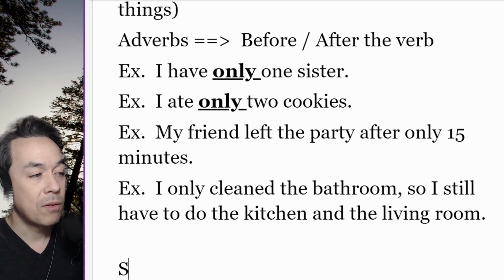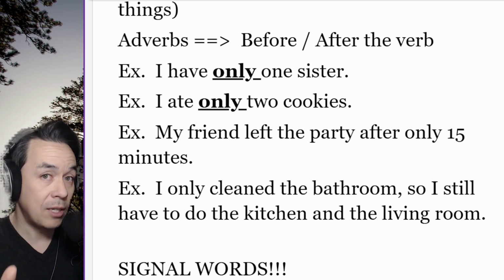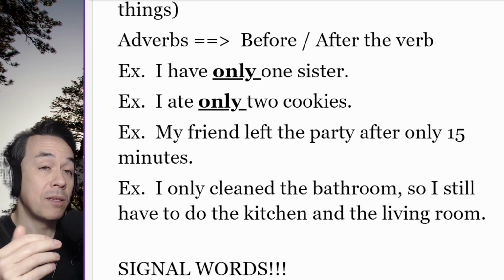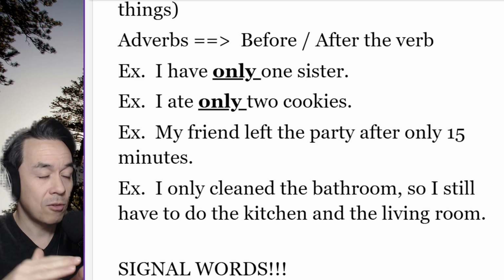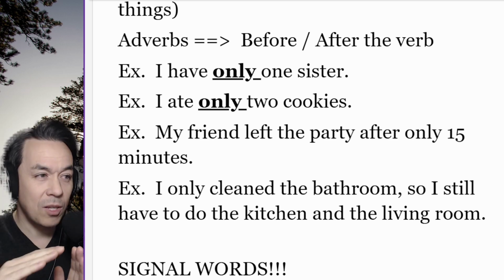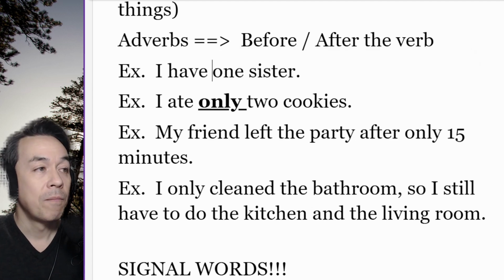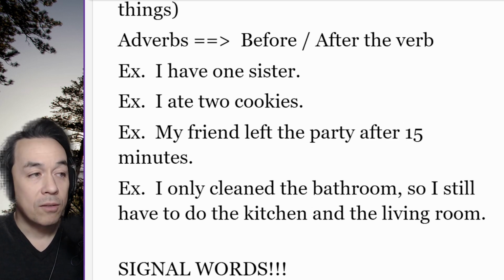These are both, I would say, signal words, which are gesturing, signaling to the listener what I'm trying to communicate to you. In this case, normally is more. In this case, "only." So I'm signaling the fewer version, because if you take it out, I have one sister. I ate 2 cookies. My friend left the party after 15 minutes, right?